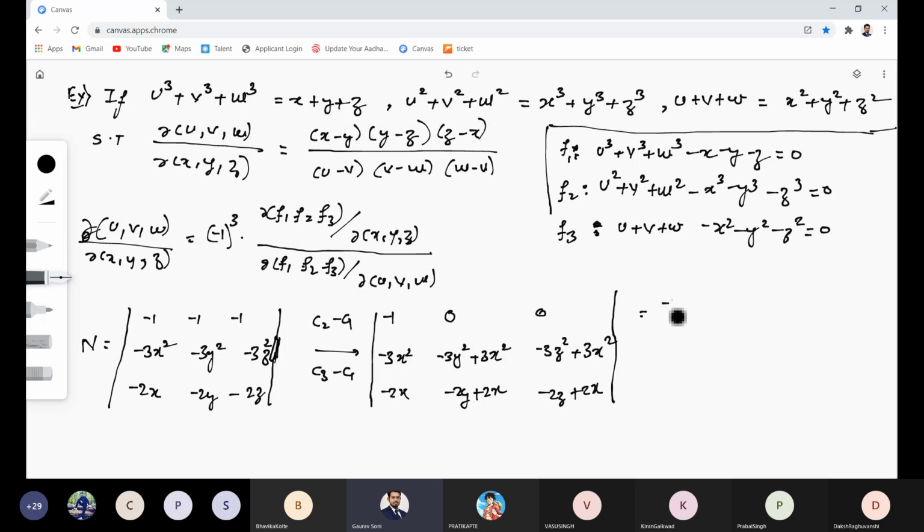So the determinant here will be minus 1 in bracket minus 3 common in bracket y square minus x square into minus 2 common z minus x, minus sign, minus 3 common z square minus x square minus 2 common y minus x.